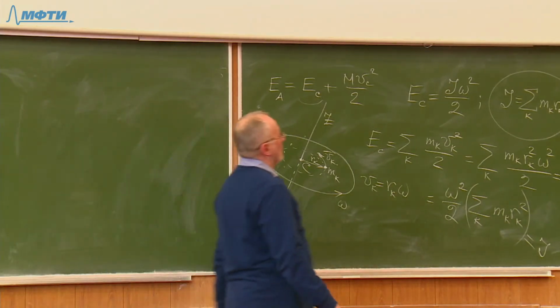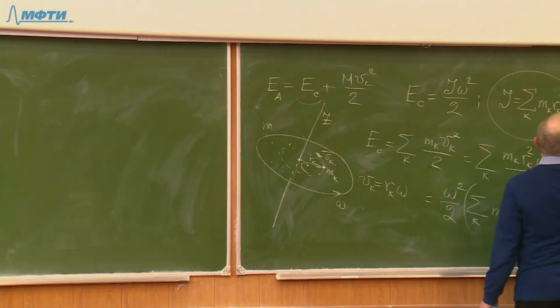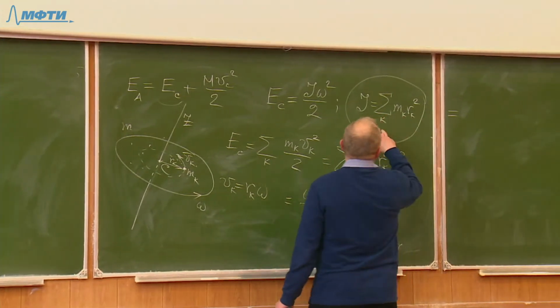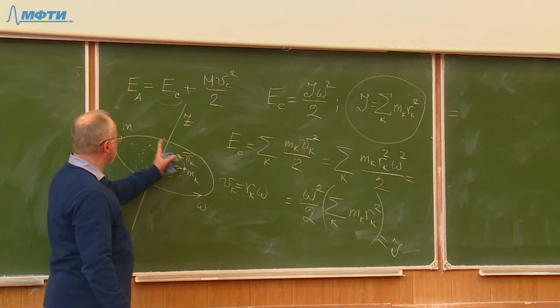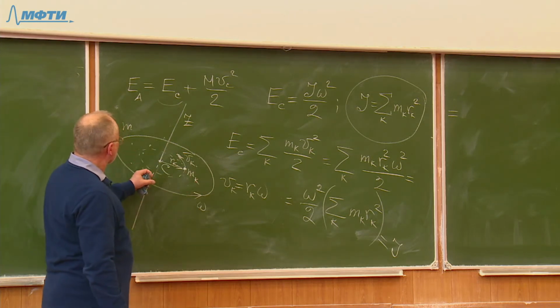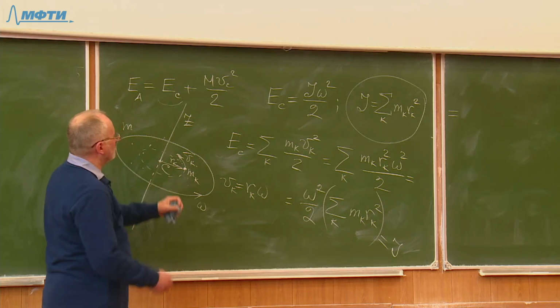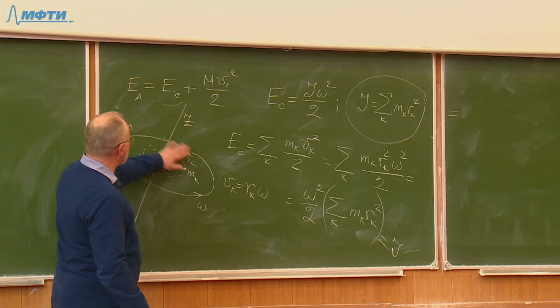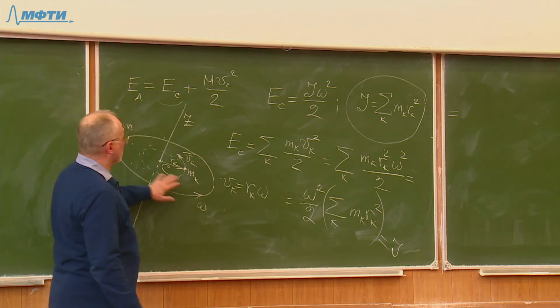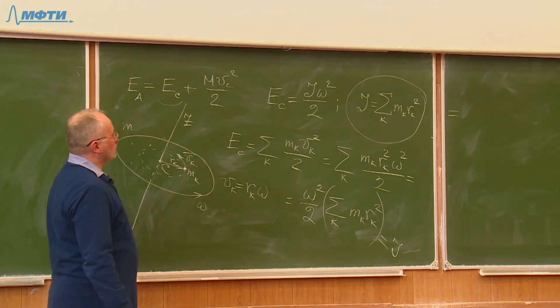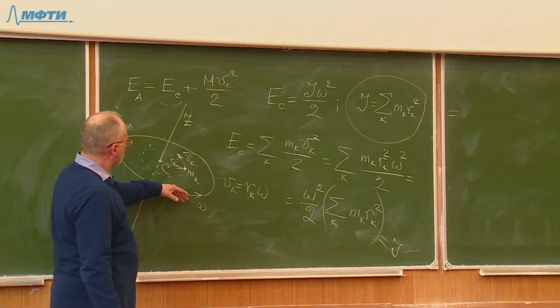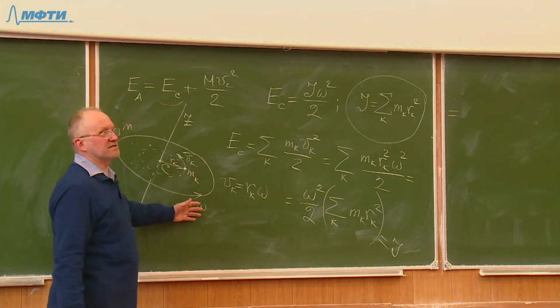First of all, let's discuss an important thing. What if the points k are not distinctly defined separate points, but the mass is distributed over the volume of the solid body? How can we change this formula to take into account an arbitrary distribution of mass?